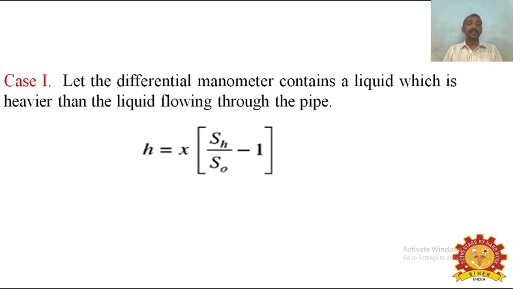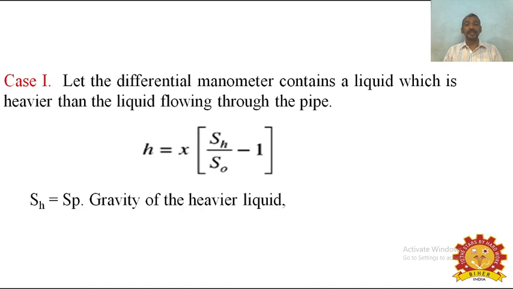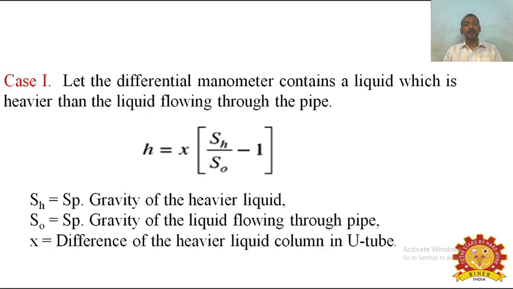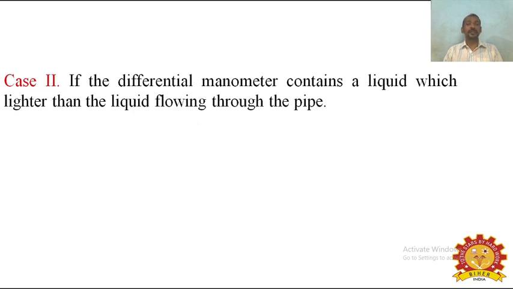Here SH means the specific gravity of the heavier liquid, and S0 means the specific gravity of the liquid flowing through the pipe. X means the difference of the heavier liquid column in the U-tube manometer. Similarly for case 2, the differential manometer contains a liquid lighter than the liquid flowing through the pipe.